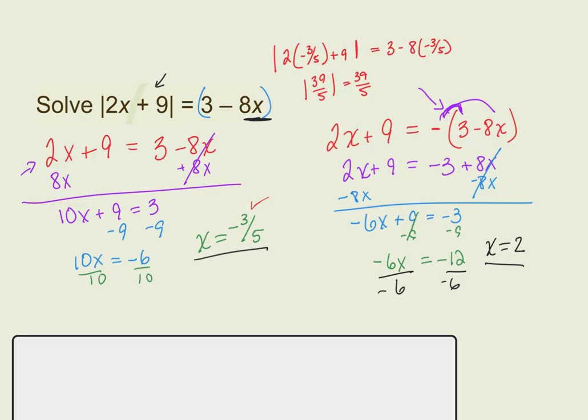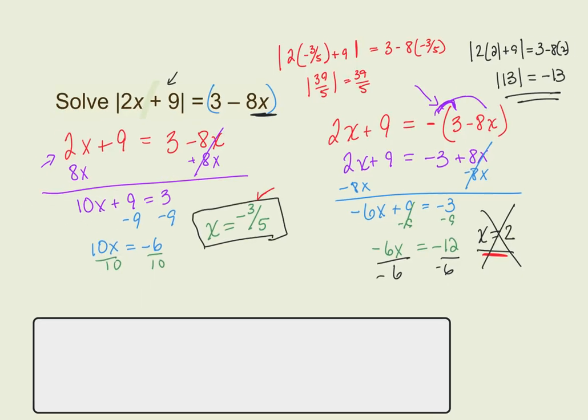All right. But when we do the same thing for this 2, we plug in the 2: 2 times 2 plus 9 equals 3 minus 8 times 2. When you do your order of operations, you're going to get the absolute value of 13 equals negative 13. That is not true. So this answer does not work when you plug it back in. Only this answer works.